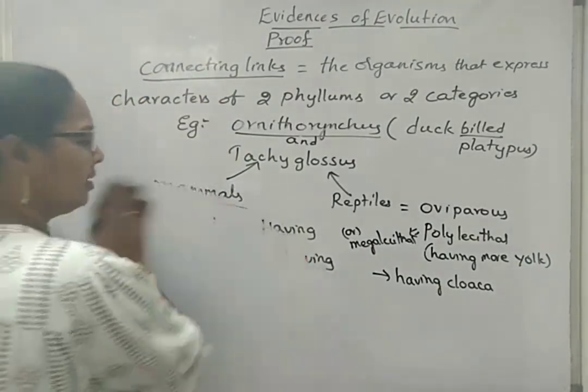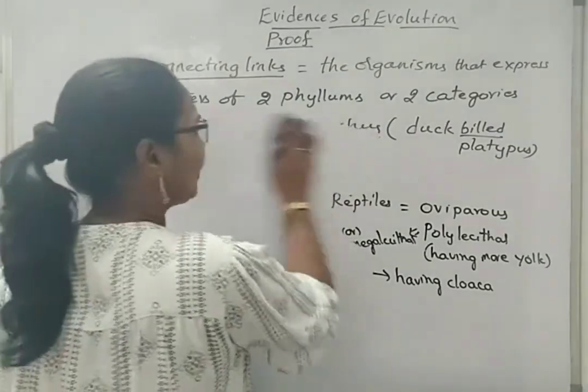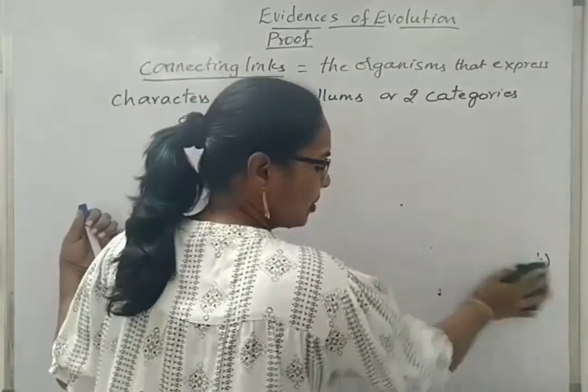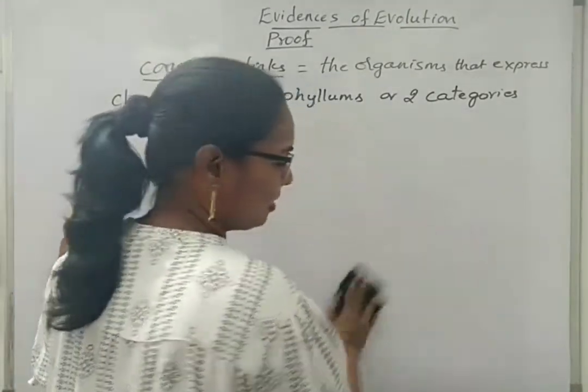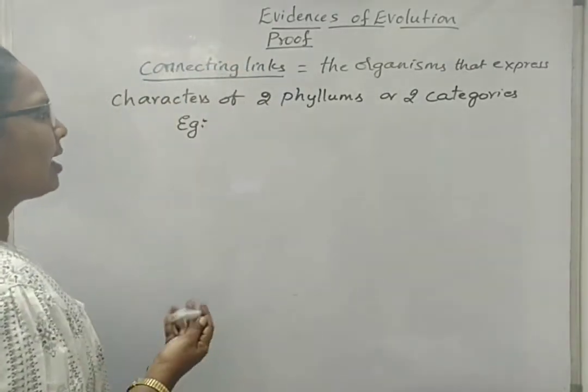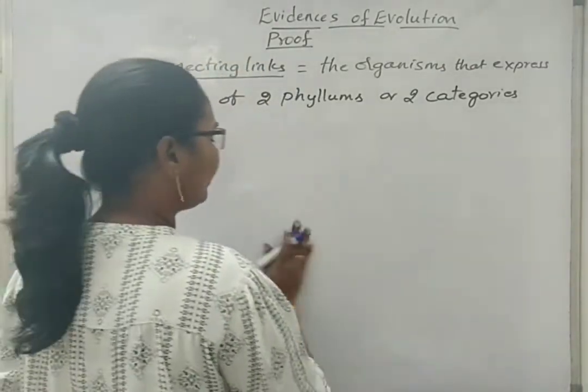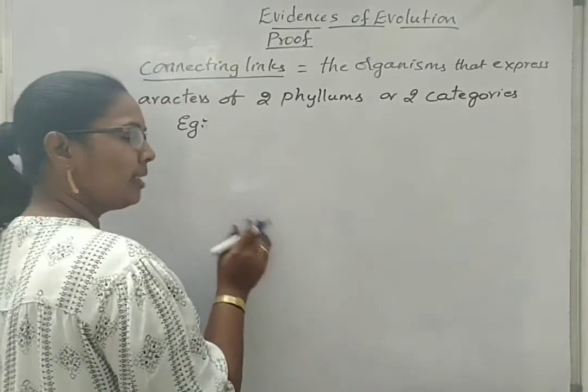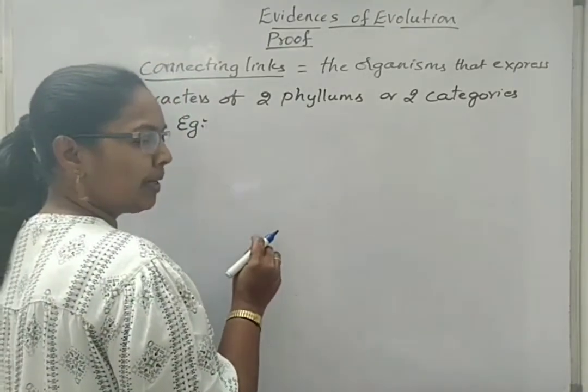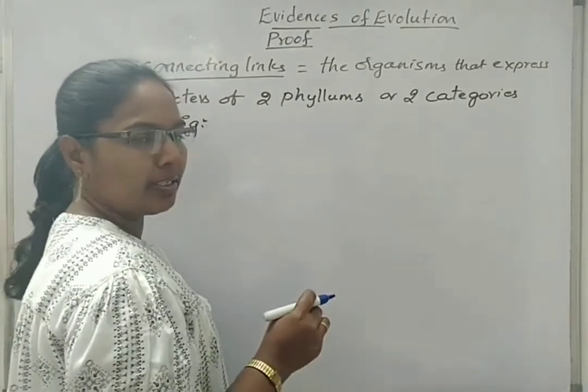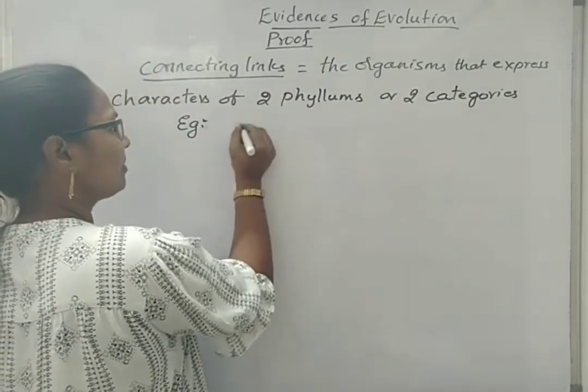Next, another example is Sphenodon. Sphenodon punctatus is a big garden lizard-like organism. It is endemic to New Zealand. It means that this Sphenodon punctatus will be seen only in New Zealand.